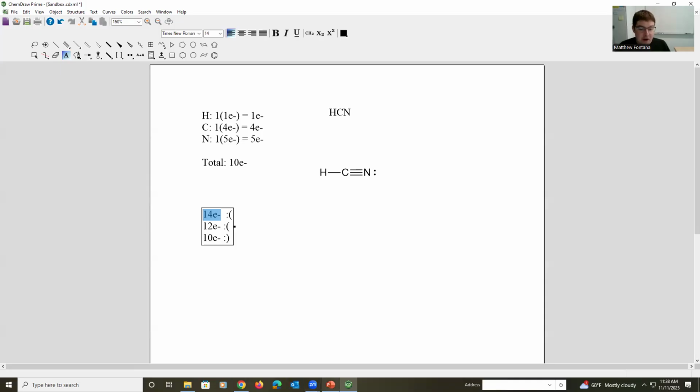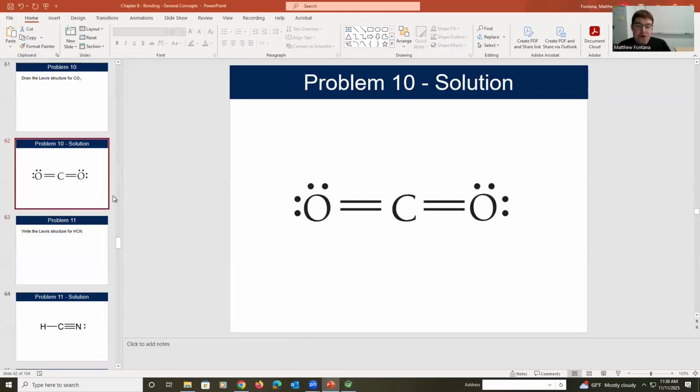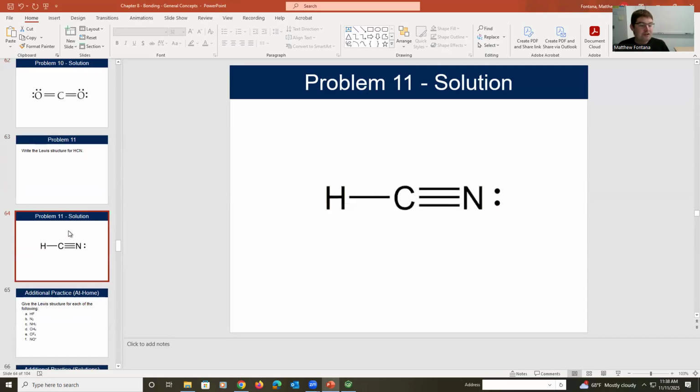Or like in the case of carbon dioxide, two double bonds will also be a way to lower the number of electrons by 4. Okay, so here we've shown with carbon dioxide, two double bonds. Here we've shown with hydrogen cyanide, one triple bond.